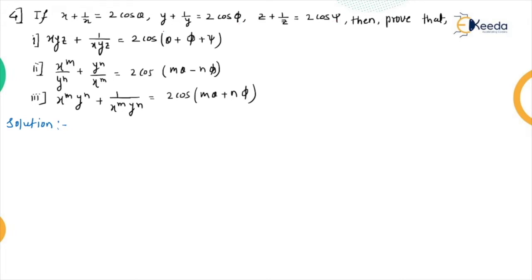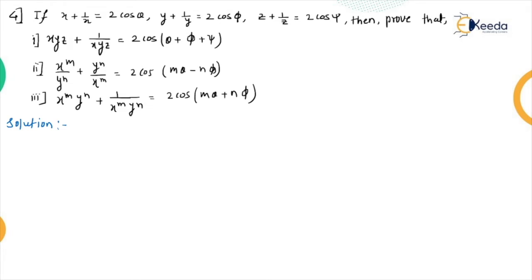So these are three different cosine angles. Then number one, we have to prove that xyz plus 1 upon xyz is equal to 2 cosine of the angle theta plus phi plus psi.